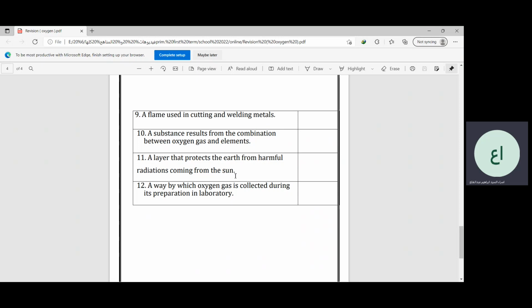Number 11. A layer that protects the earth from harmful radiation coming from the sun هي الأوزون layer. Number 12.